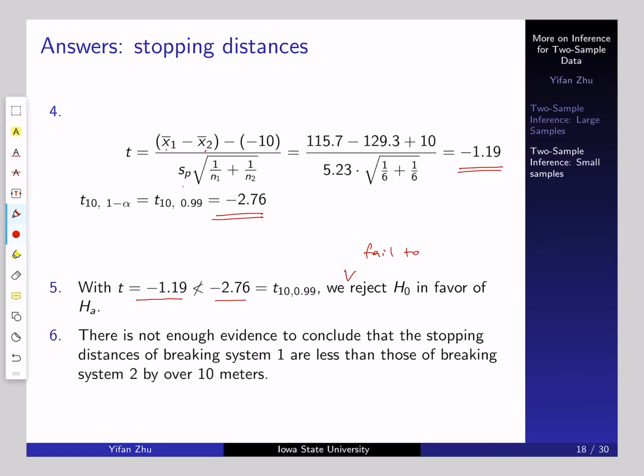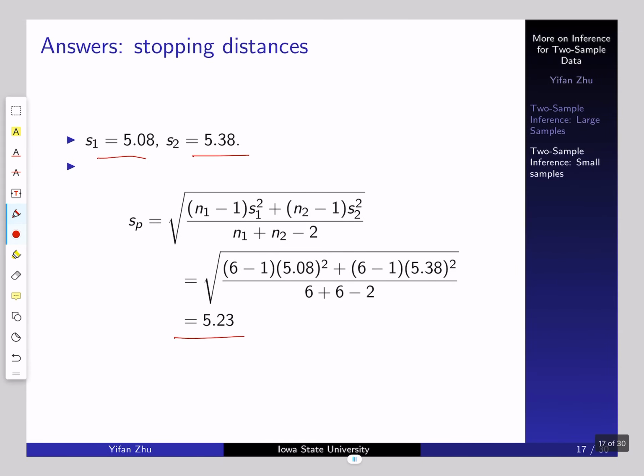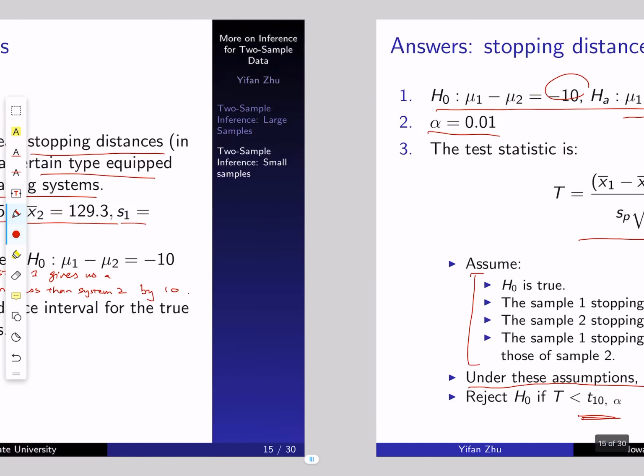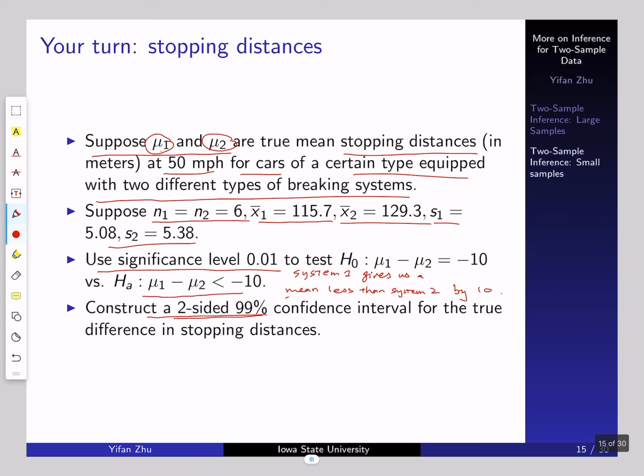And the conclusion is that there's not enough evidence that the stopping distance of braking system 1 is less than that of system 2 by over 10 meters. Okay. This is just our interpretation of the alternative hypothesis.